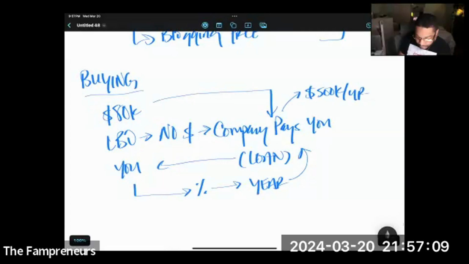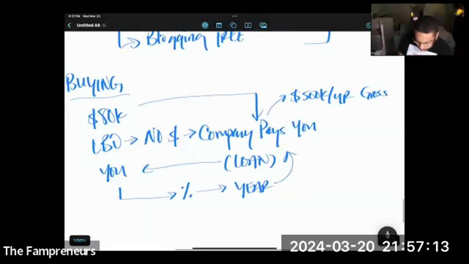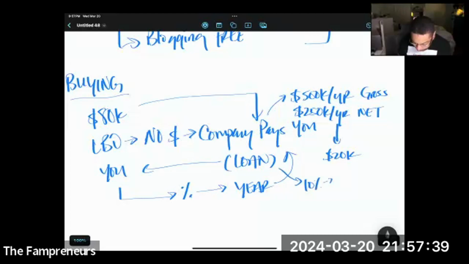They make 500K a year gross and they make 250K a year net after taxes, after expenses, after everything. Okay. You put 80K to make 250K. 250,000 divided by 12 is $20,000 a month. If they did a leverage buyout, the percentage is going to be usually between 10 and 20%.